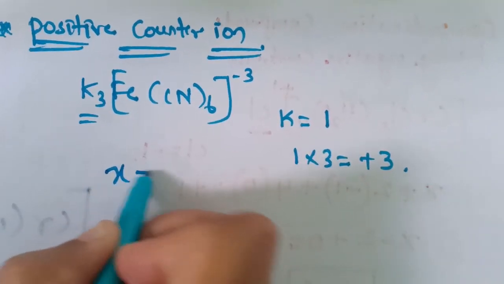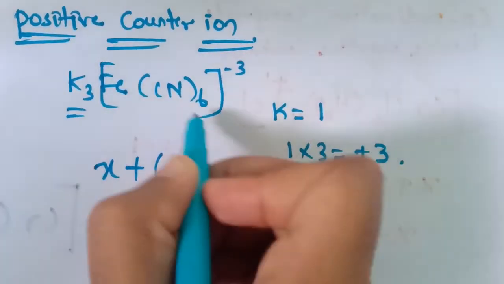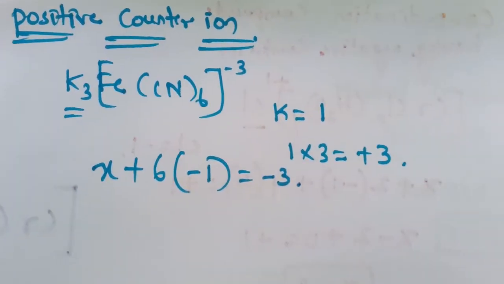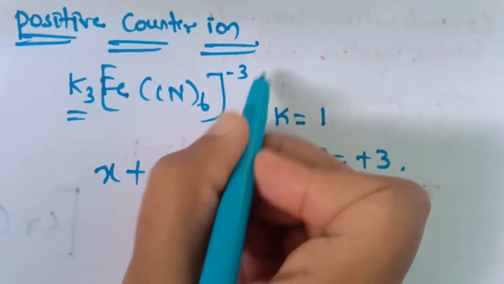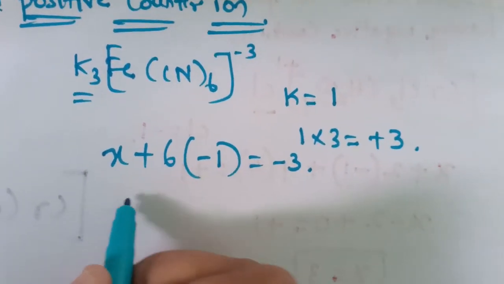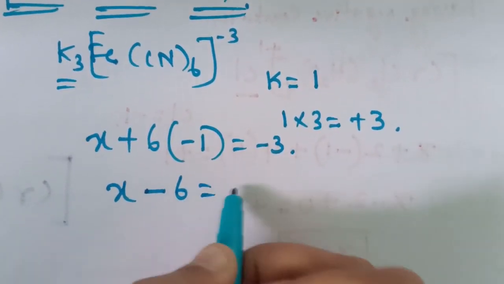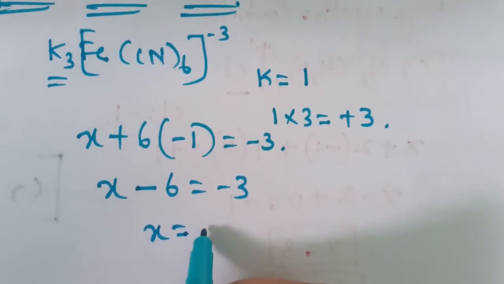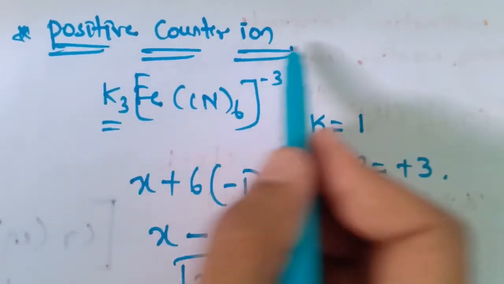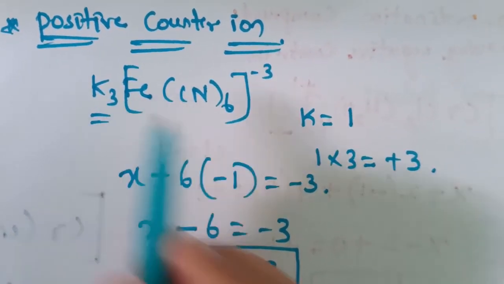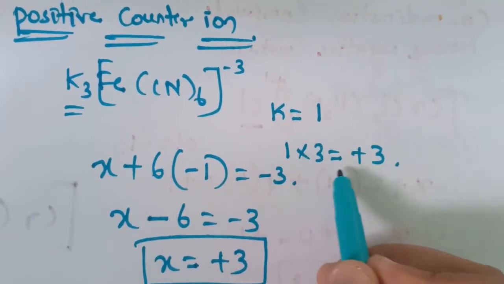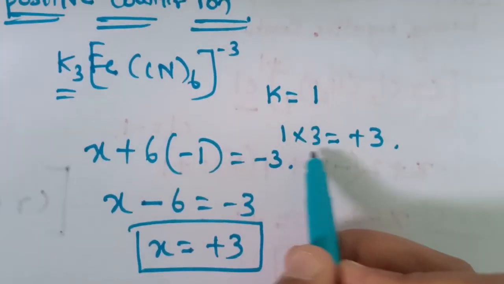Let's consider it as X plus 6 into CN, which is minus 1, equals minus 3. So X minus 6 equals minus 3. Here X becomes plus 3. That's it. For a positive counter ion, here the counter ion is K, with oxidation number 1, and 3 K's are there, so plus 3.